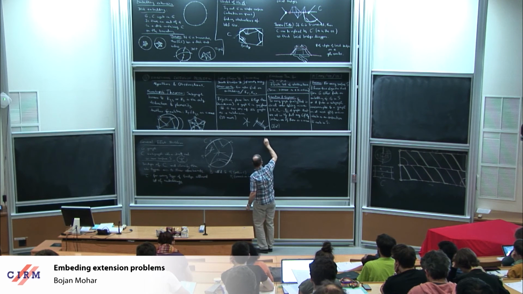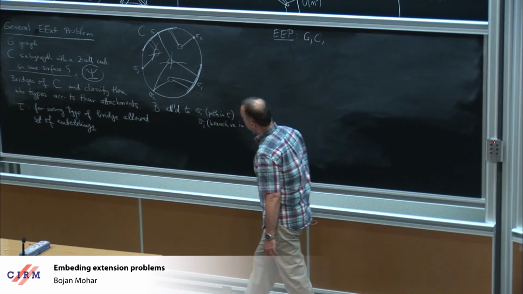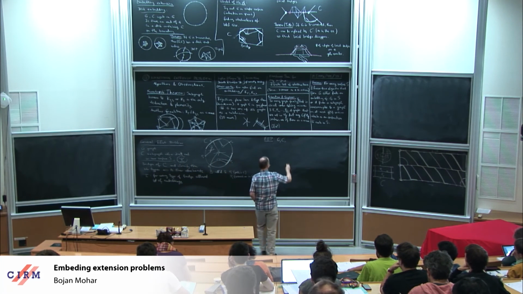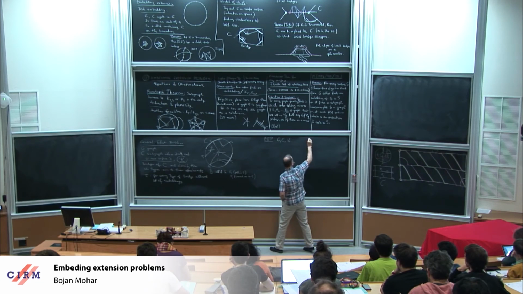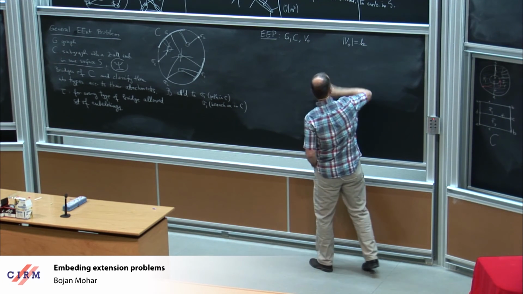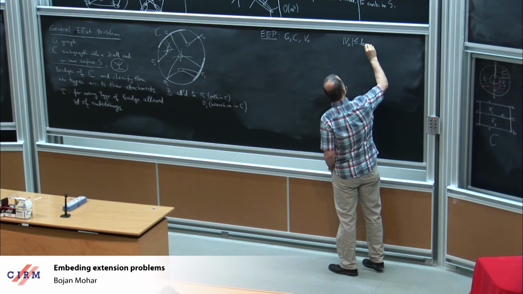And so in the embedding extension problem, we have given G, C. We also give some vertices of C, V0. V0 is a small vertex set, of cardinality at most k, where k is some parameter.